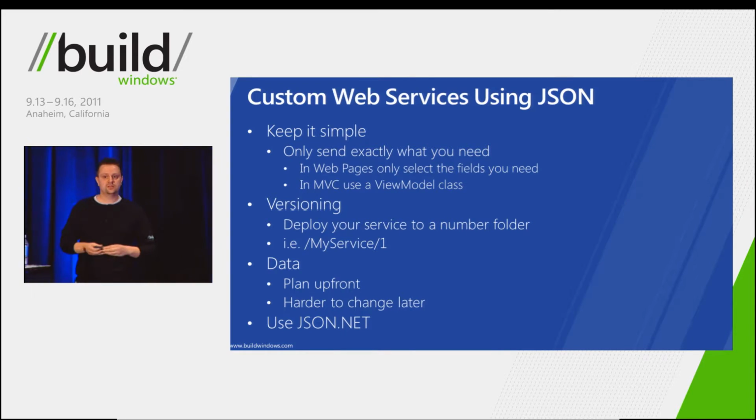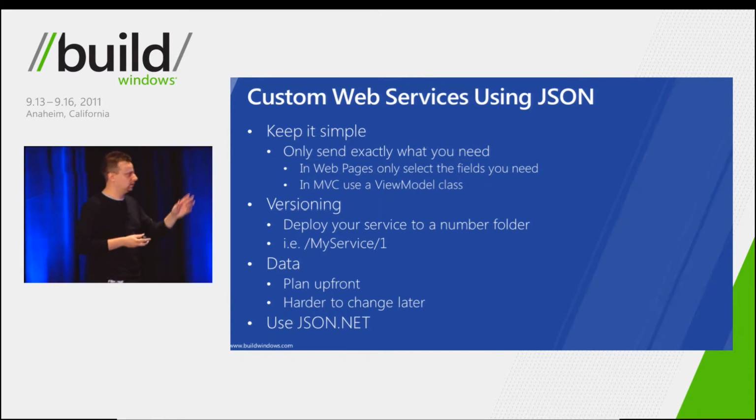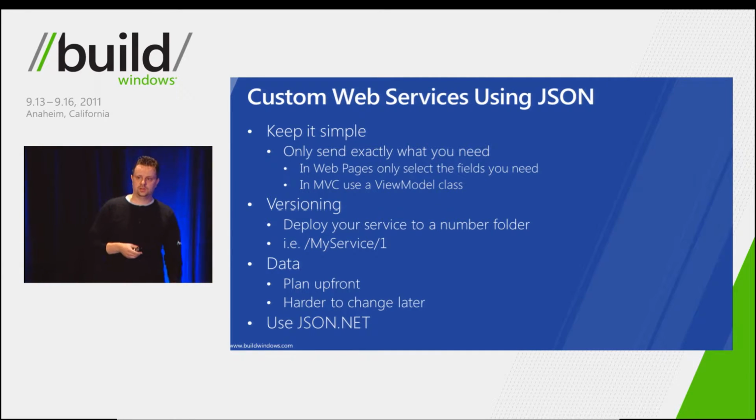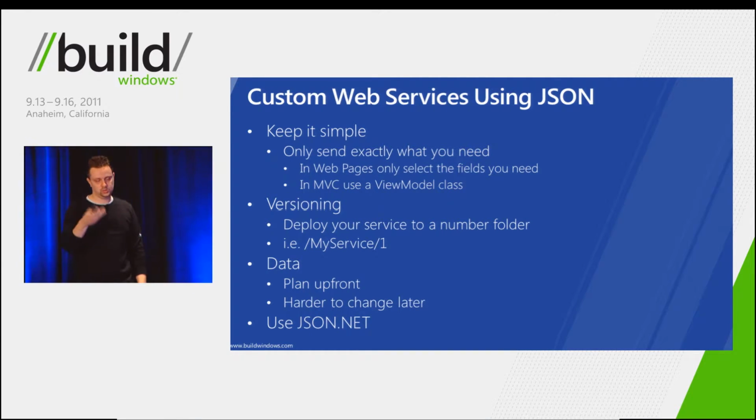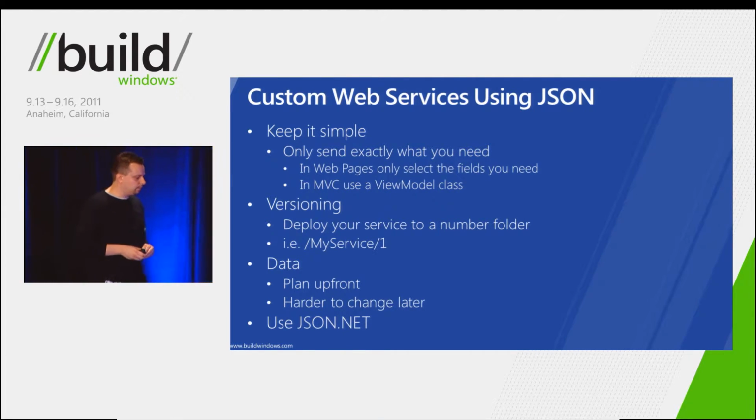Versioning is something you need to think of up front. It's fairly easy in this concept, because all you have to do is basically put it in a folder, call it 1 or something. You can look at the Twitter API and other APIs, and they usually just have /1 or something like that, and /2 for the next version. A lot of people don't upgrade their phone apps. We probably still have a third of Row users still on the first version from February, earlier this year.